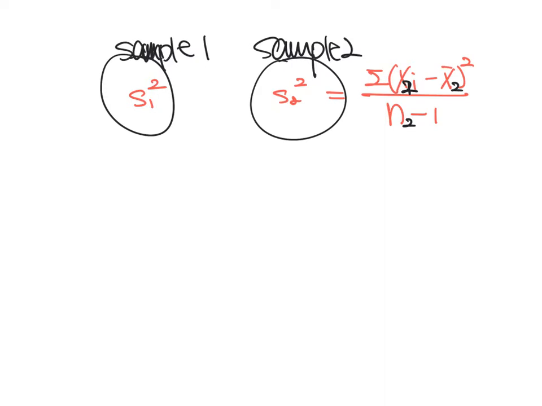Exactly same way, I can take the S1 square, which will be the summation of x1i minus x1 bar square over n1 minus 1. Exactly same way. It's good, right?